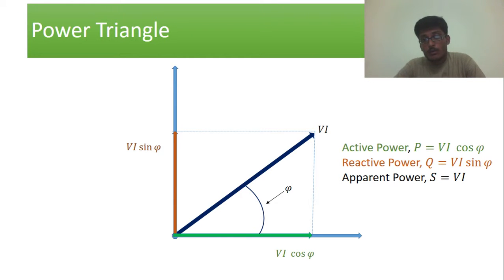Now the voltage source is constant, so V is constant. If the power factor of the system is less, then for supplying the amount of P, the current flowing through the circuit will be much more.